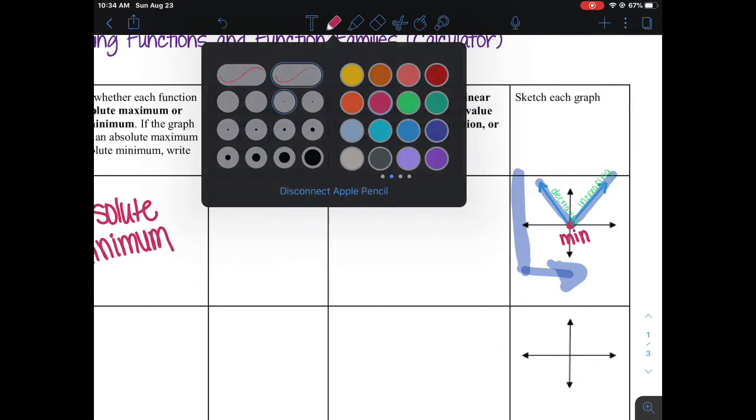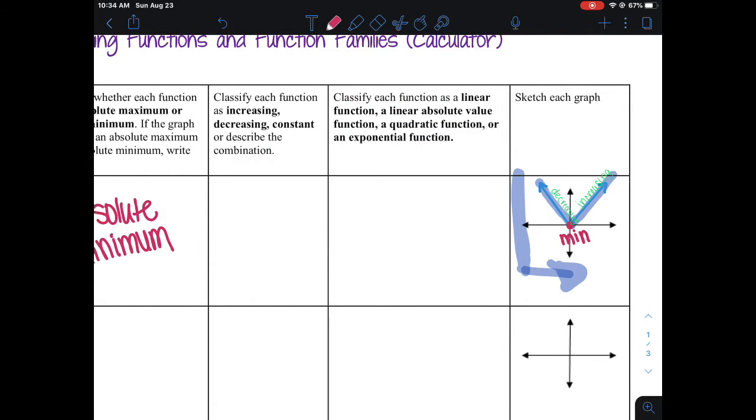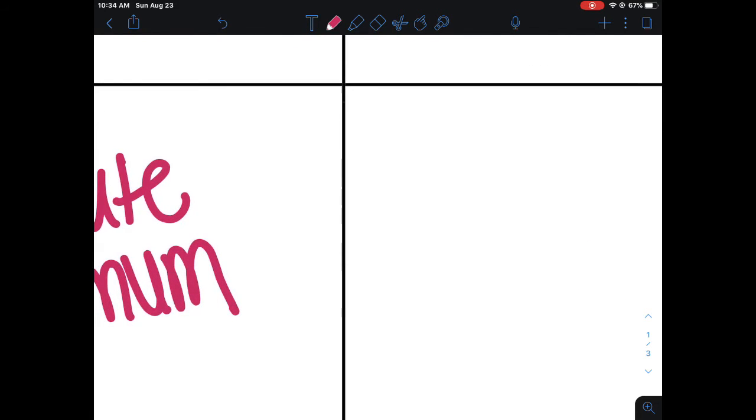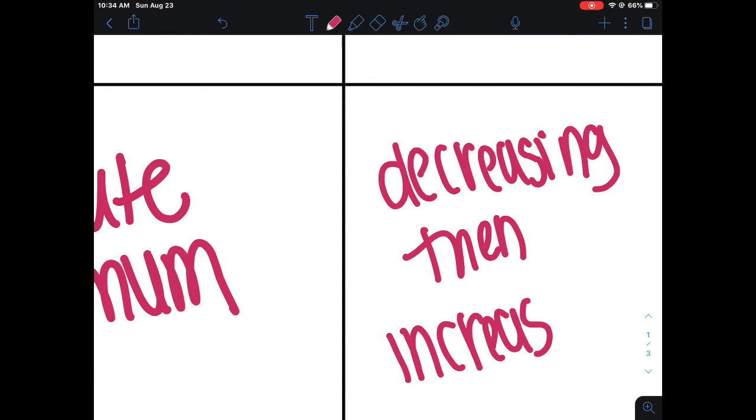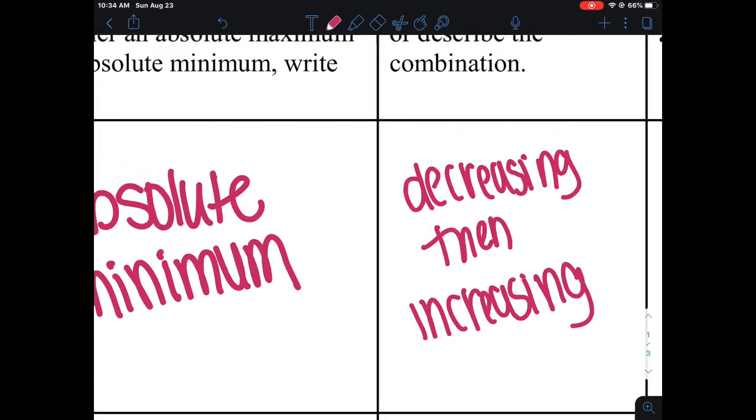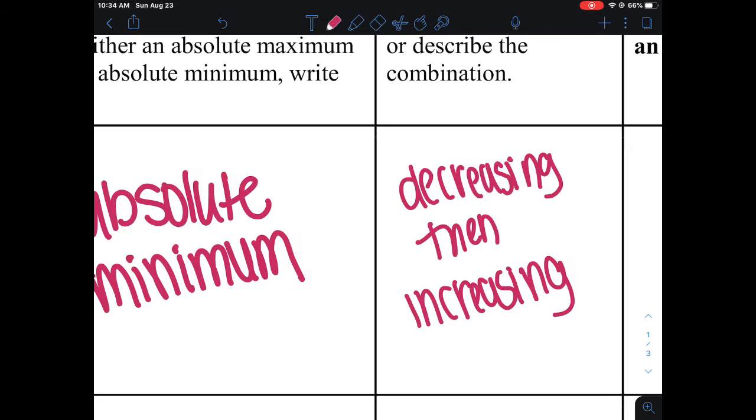Let me change my pen back to something bigger. So I am first decreasing, then increasing.